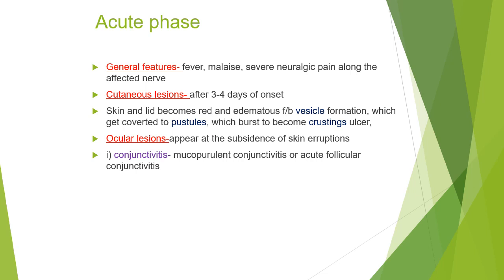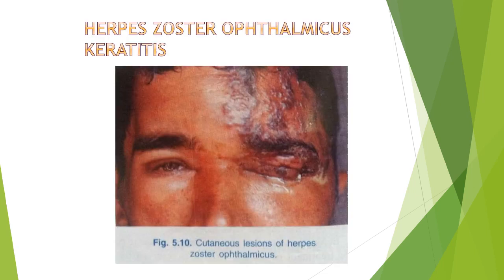Sometimes they may get infected, forming pustules, and later they become crusting ulcers. In the eye, we sometimes have mucopurulent conjunctivitis or acute conjunctivitis.